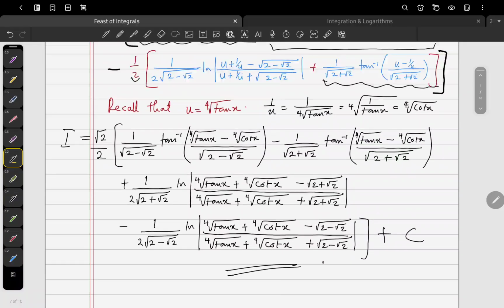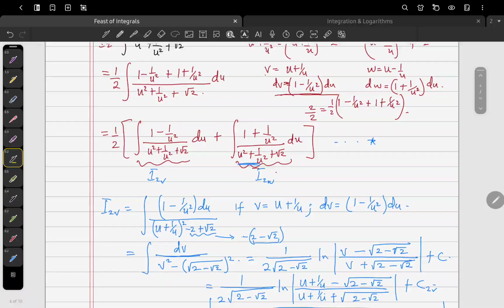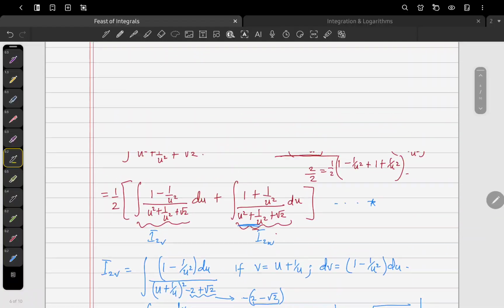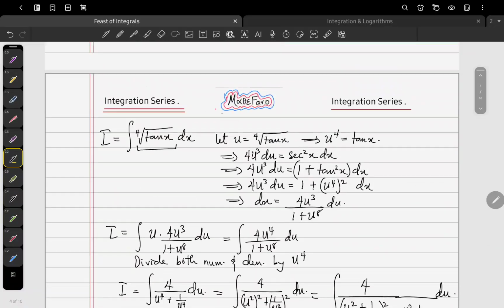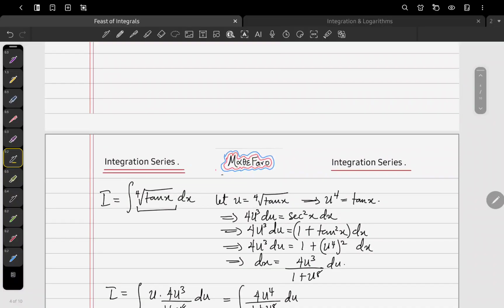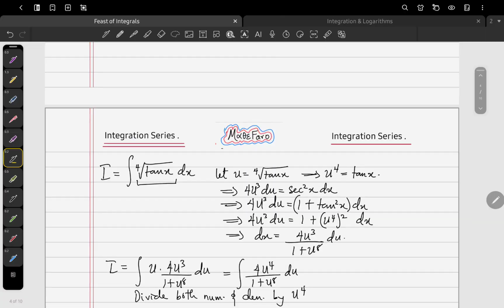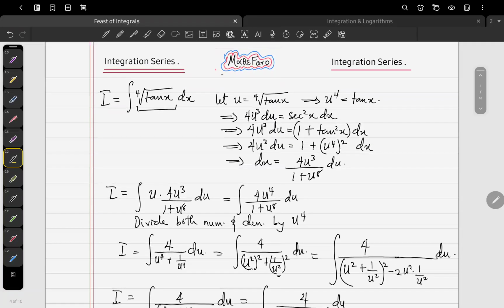Wow, what a long one. So the summary of the tricks that we used: we started with the u substitution, u equals the fourth root of tan x. It led us to this rational function as the integrand, u to the power of 4 plus 1 over 1 plus u to the power of 8.